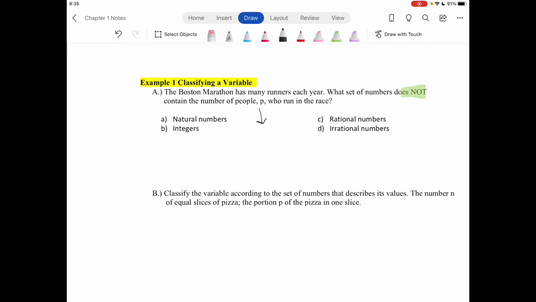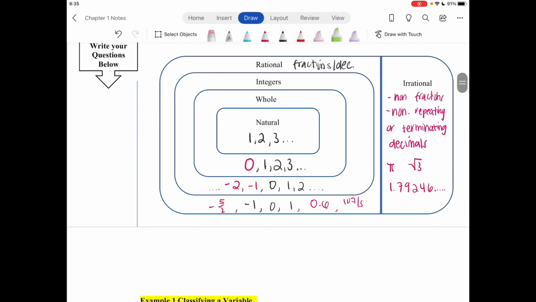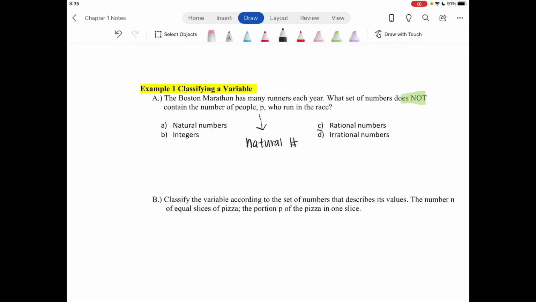People, we have to have at least one person to run the race, which means people would be considered a natural number. And we notice that our natural numbers are actually found in all of these categories of real numbers, except they're not found over in the irrational category. Therefore, our answer is irrational numbers because they do not contain any of our natural numbers like the other categories do.